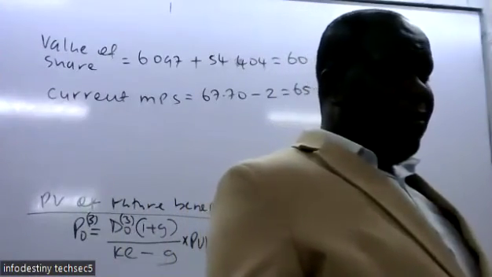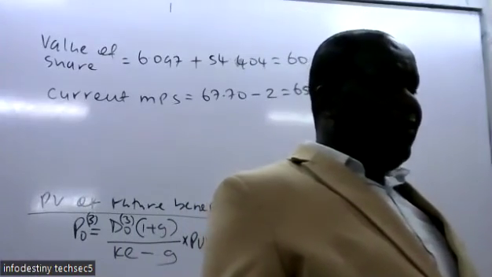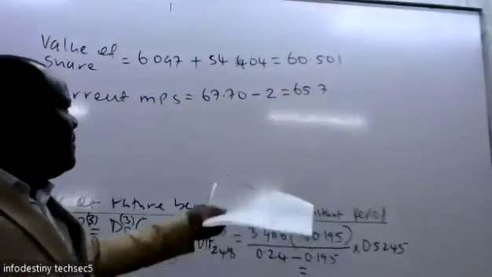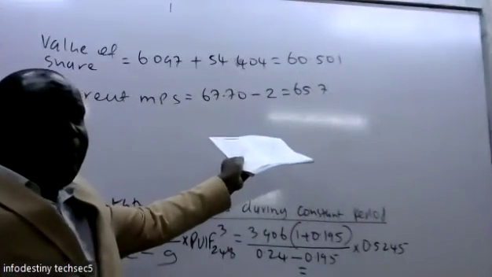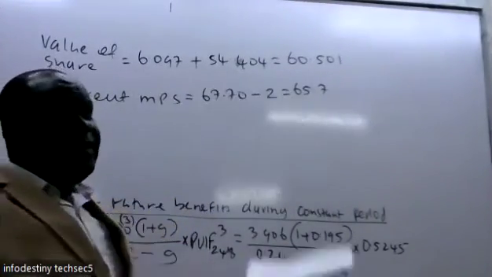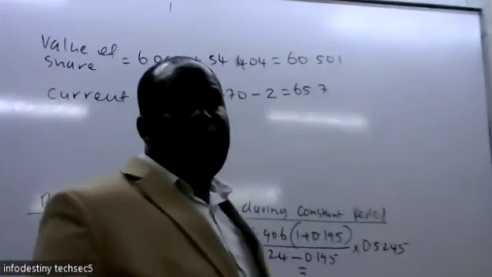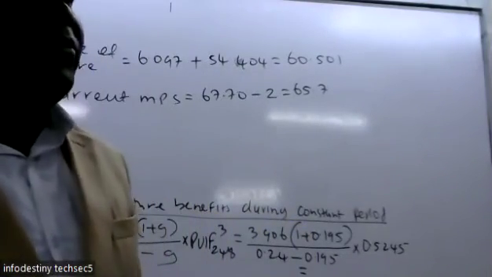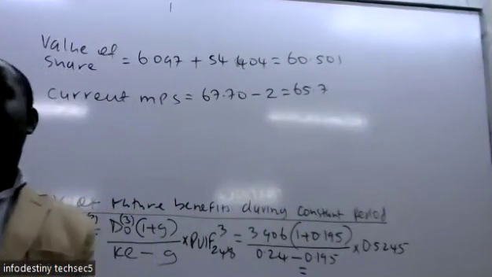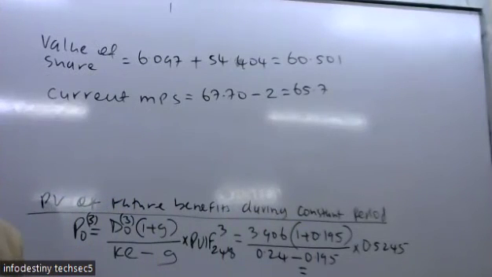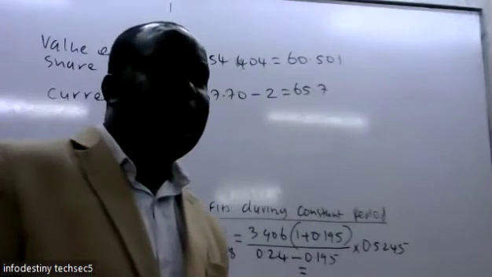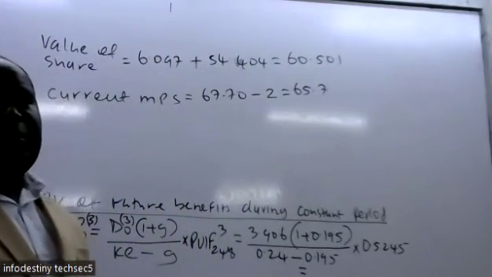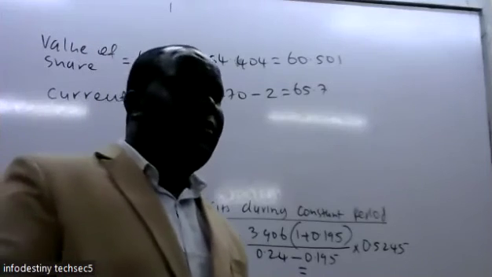Then Roman letter 2, they were asked to advise whether to buy the share. You should not buy, because in the stock market it is selling at 65.7, but the true value is 60. So the investor should not buy the share, as it will lead to a capital loss.